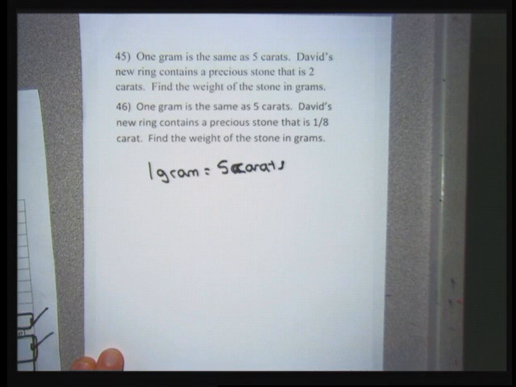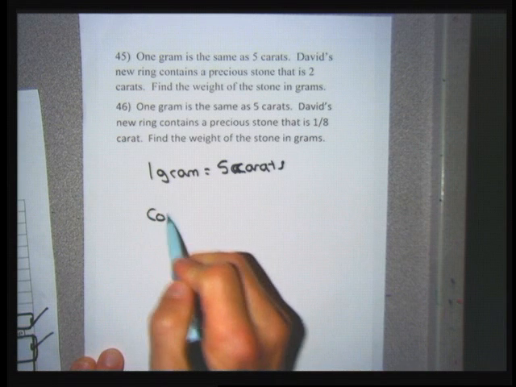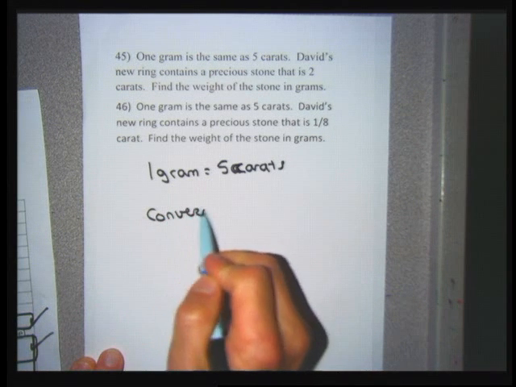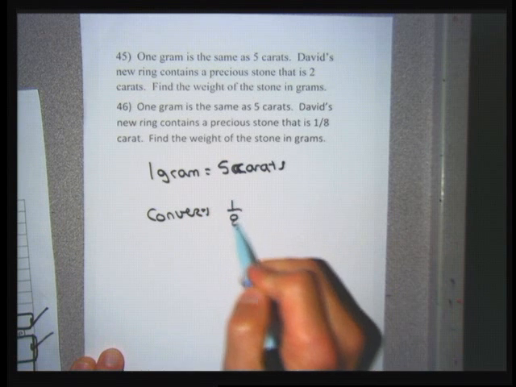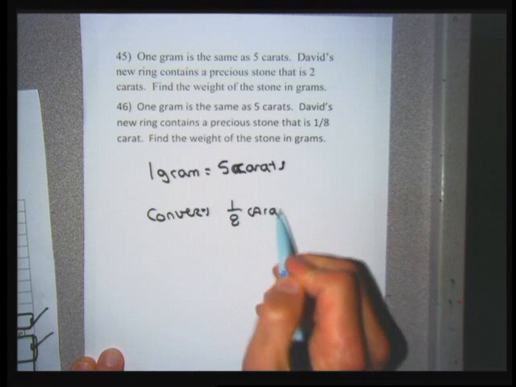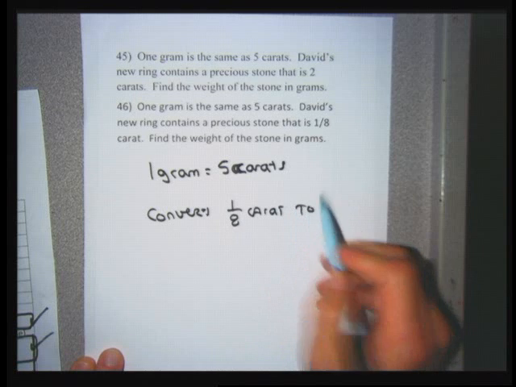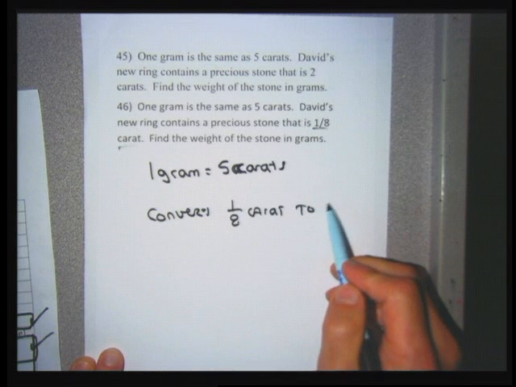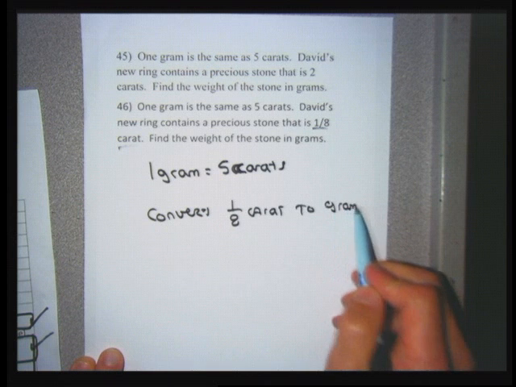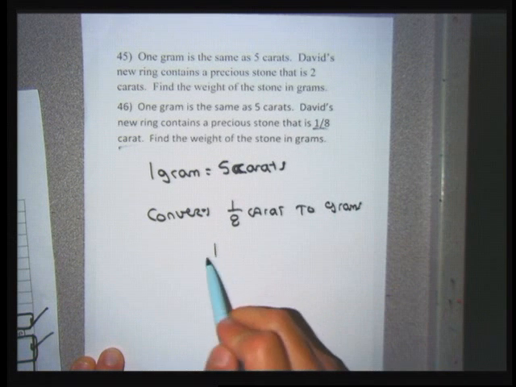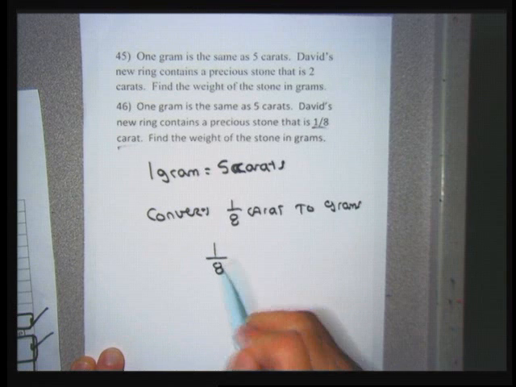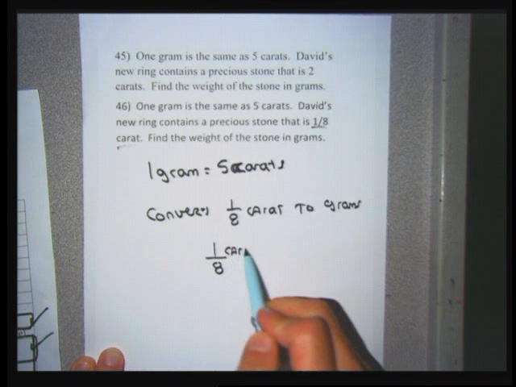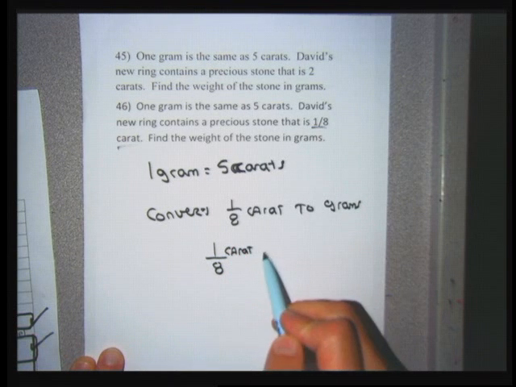Now I want to convert his stone, which is 1/8 carat, to grams. And to convert 1/8 a carat to grams, I'm going to start with the 1/8 carat. I'm going to put the carat in the numerator, it's a nicer place for it.